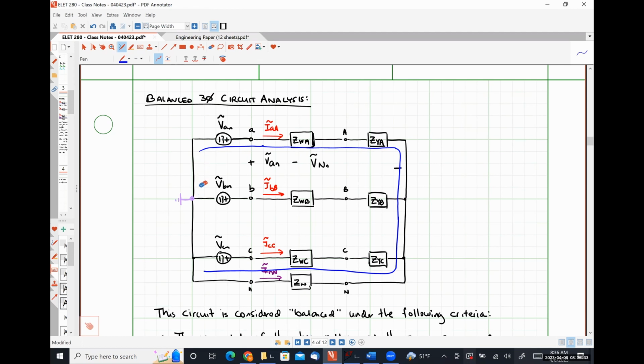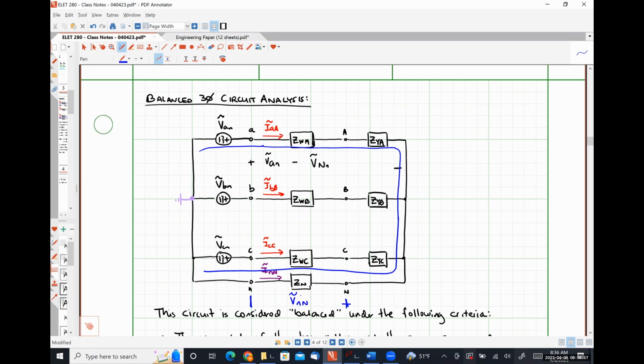Okay. So I have negative VAN plus the voltage drop across those impedances, plus the voltage drop from this guy to this guy. That's what V capital N lowercase n literally means. Positive polarity is here, negative polarity is here.